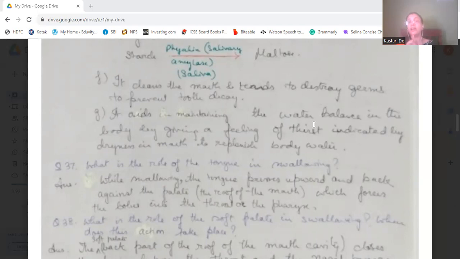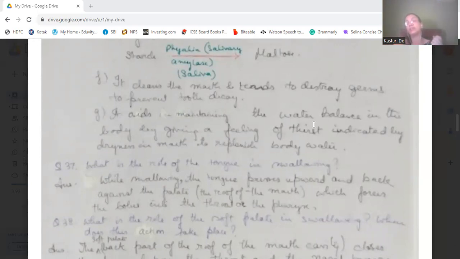Then it aids in maintaining the water balance in the body by giving a feeling of thirst, indicated by the dryness in the mouth, to replenish body water. So it helps to indicate that we are feeling thirsty. How does it help in this way?